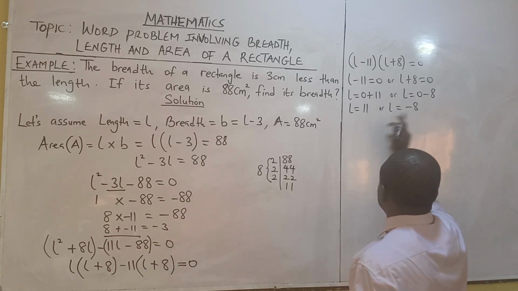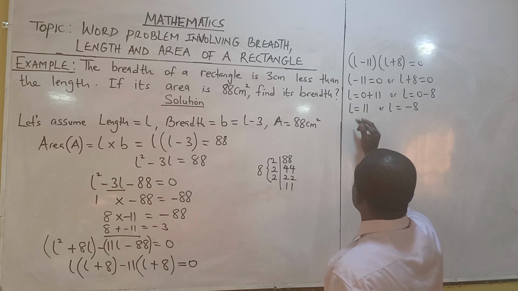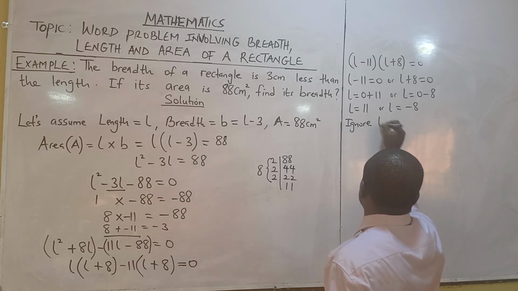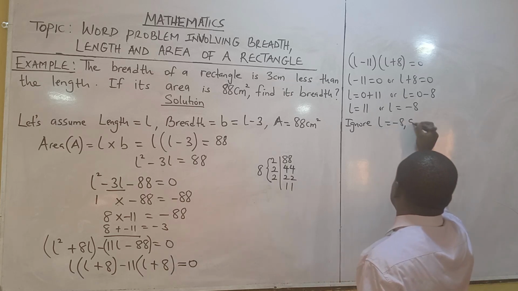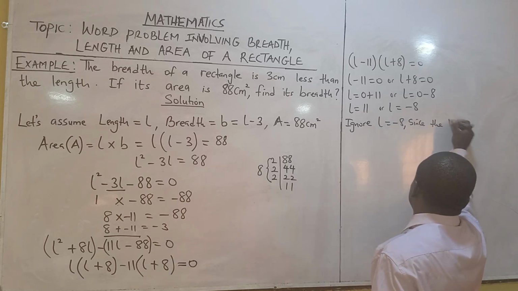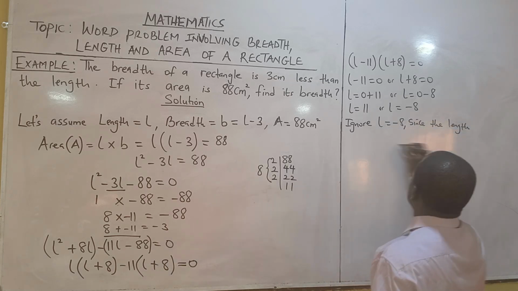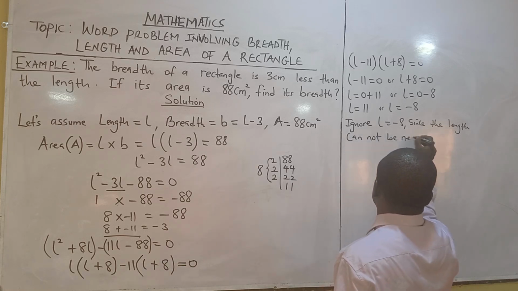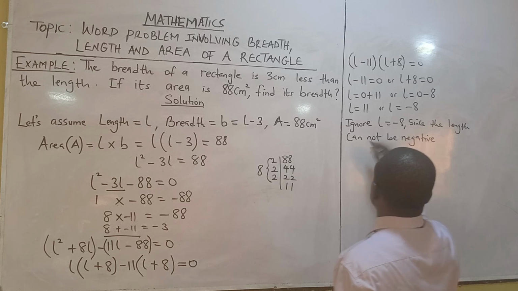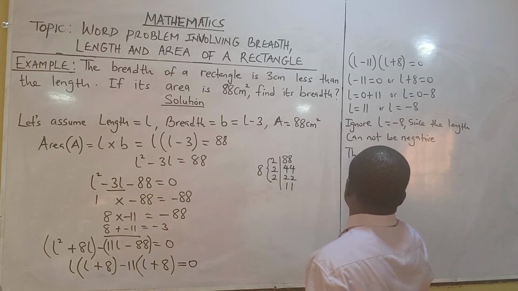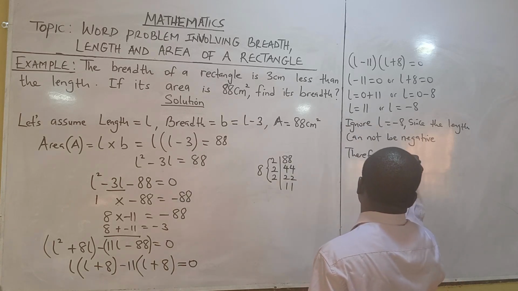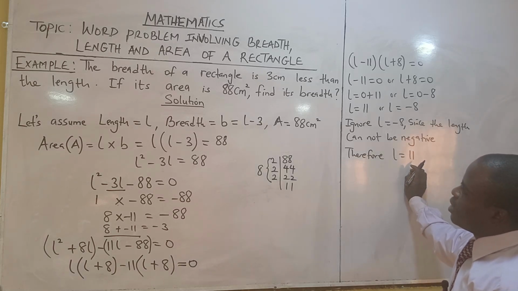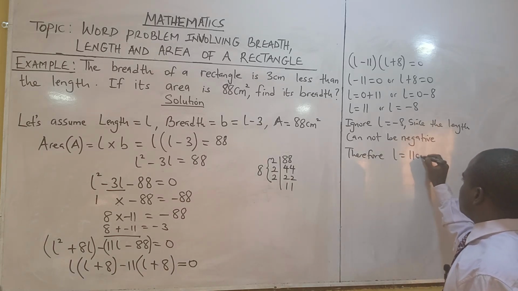We have to ignore this negative sign because negative cannot be the length. Ignore L equals minus 8 since the length cannot be negative. Therefore, L equals 11 centimeters.